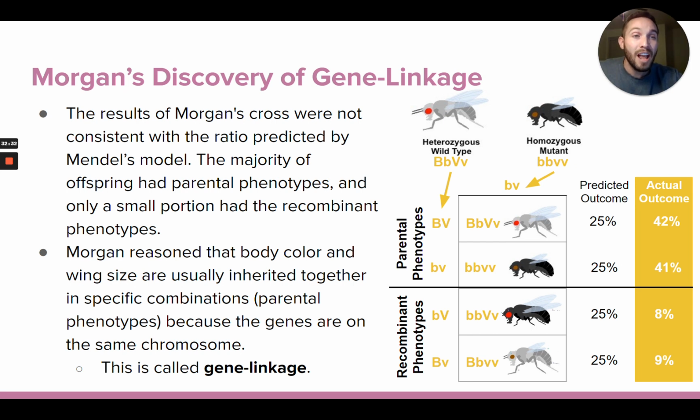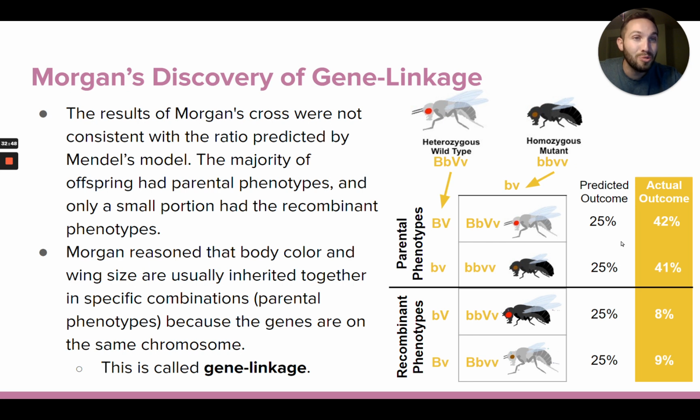But if these are more likely than those combinations, that can best be explained, and usually always be explained, by those two genes being linked. That must mean that's evidence that those two genes are on the same chromosome. That's the key takeaway here.